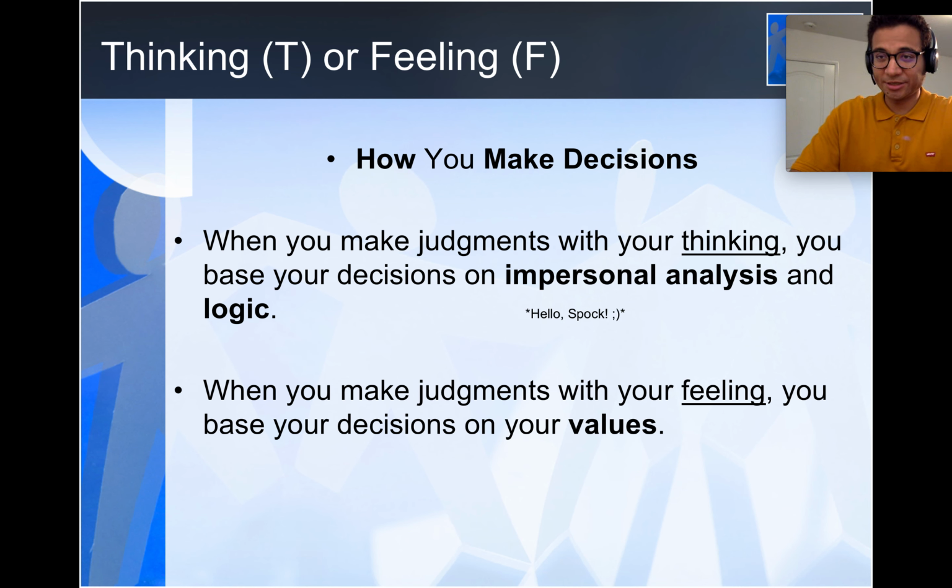So you'll get a T or an F. So with T, when you make judgments with thinking, you base your decisions on impersonal analysis and logic. That is highly illogical. I don't know if you guys ever saw Star Trek, the original Star Trek, and that's Spock all the way. A T. Okay, so F, when you make judgments with your feeling, you base your decisions on your values.